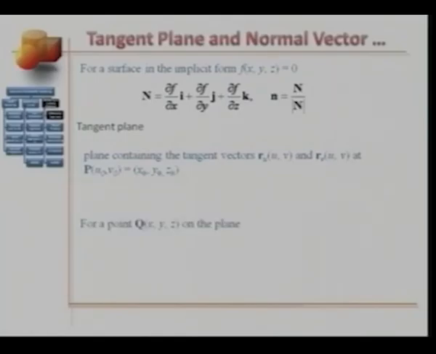Now for a point, as a matter of fact, for any point q, which is given by x, y, and z on the tangent plane, let's say we have the free vector PQ, which is equal to x minus x0 times the unit vector i, plus y minus y0 times j plus z minus z0 times k.